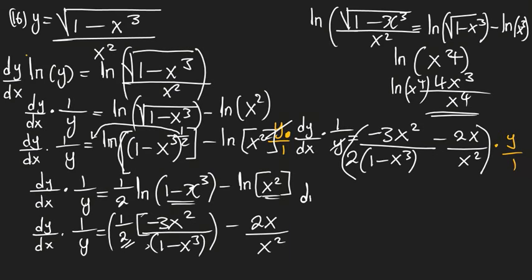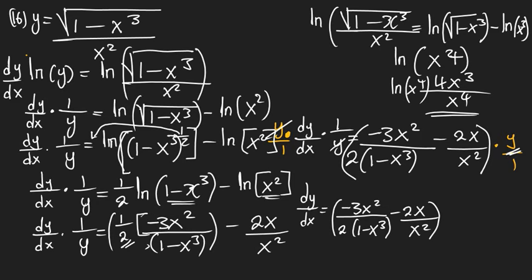dy over dx equal to minus 3x to the power 2 all over 2, 1 minus x to the power 3, minus 2x over x to the power 2.